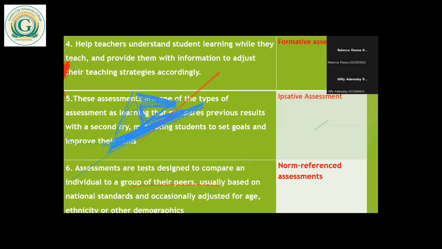Can I say that with the NMC they do the assertive assessment as well, with the practical sessions during our licensing exams? Okay.